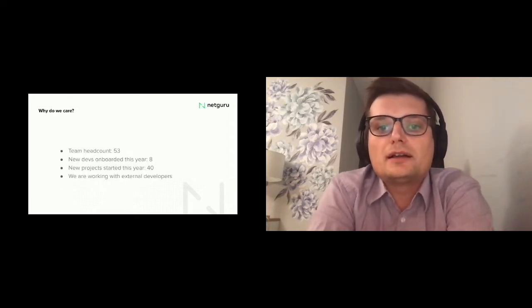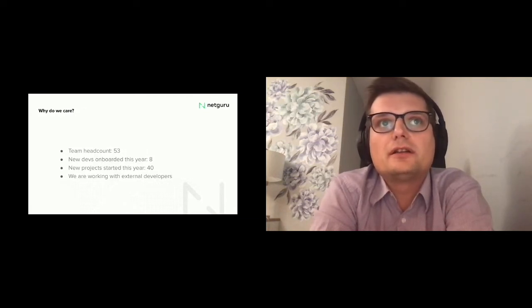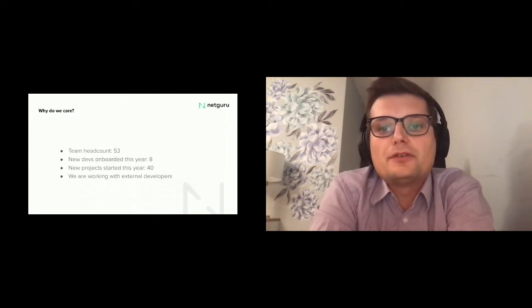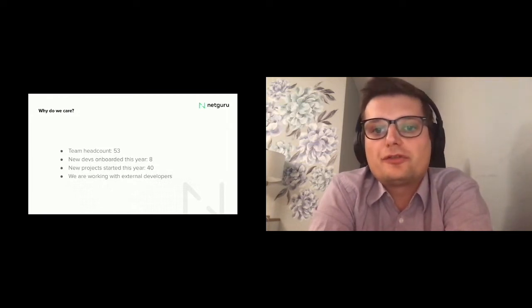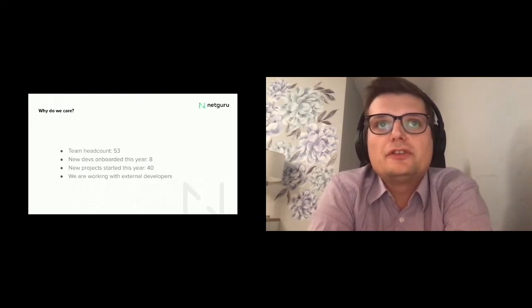So Adam told about the split in our teams, but we have about 53 developers now, which is Android, iOS, and React Native. And we onboarded 8 people this year.